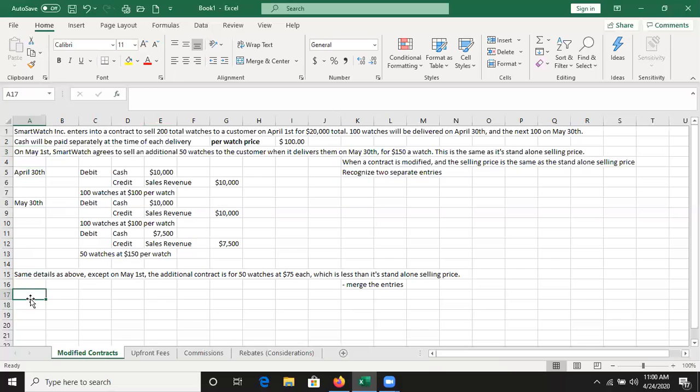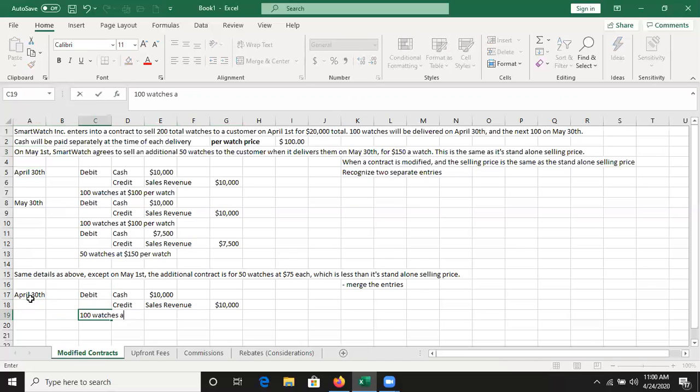So on April 30th, we would still debit cash, 10,000, and we would still credit sales revenue, 10,000. We would put a little note, 100 watches at $100 per watch.